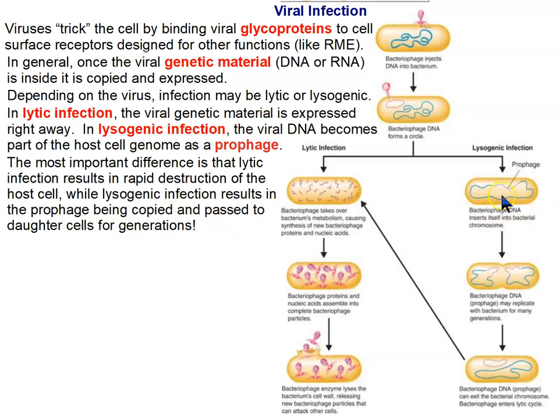This cell is reproducing, undergoing binary fission, splitting in two, and the two daughter cells are receiving copies of the prophage in their chromosome. In other words, the prophage is being copied along with the chromosome prior to the splitting of the cells. And they're not showing two cells as they go along in the diagram.